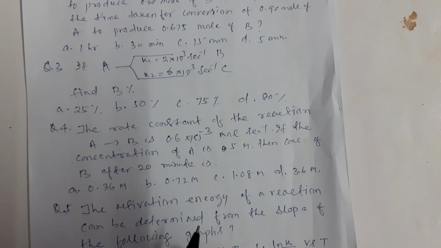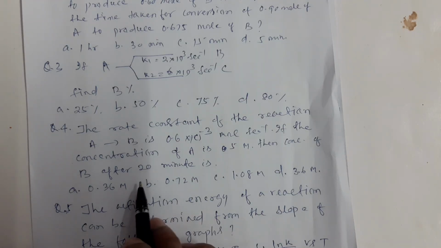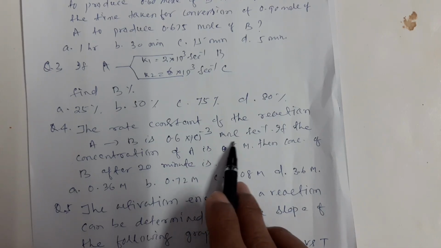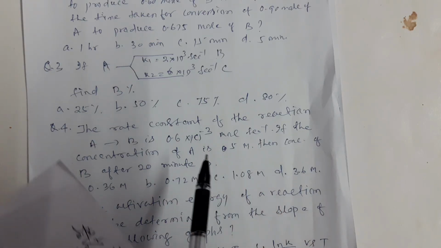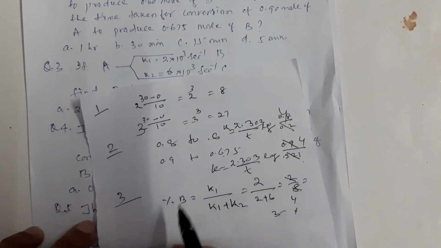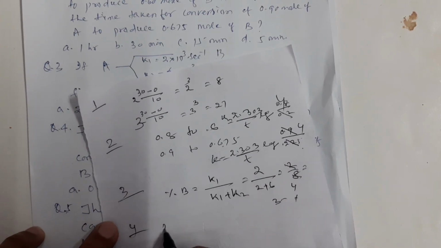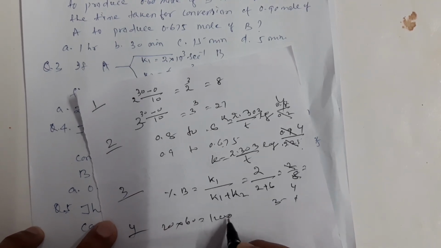What is given? It is a zero order reaction, because the unit is moles per second. Moles per second is given for a zero order reaction. Question number 4: you take time 20 minutes. How much in seconds? 1200 seconds.